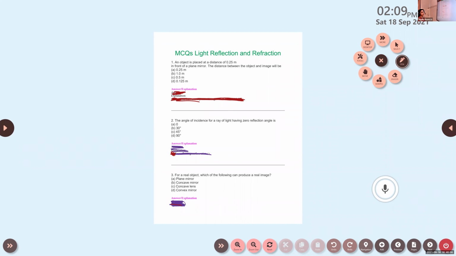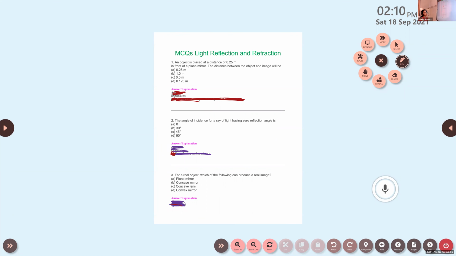An object is placed at a distance of 0.25 meter in front of a plane mirror. The distance between the object and image will be... Here we are not asked the image distance, but the distance between the image and the object. We know that in the case of a plane mirror, the image distance and the object distance are the same.